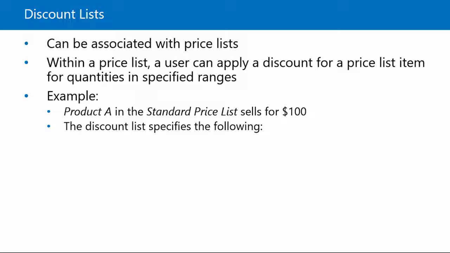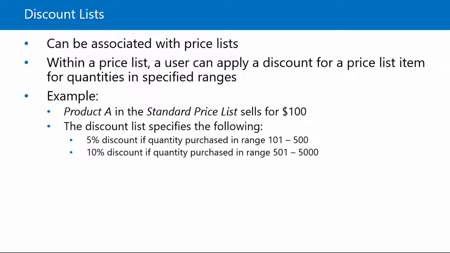The customer will get a 5% discount if the quantity purchased is in the range of 101 to 500. They might receive a 7% discount if the quantity purchased ranges within 501 to 5,000. And finally, they could potentially receive a 15% discount if the quantity purchased is greater than 5,000 units.